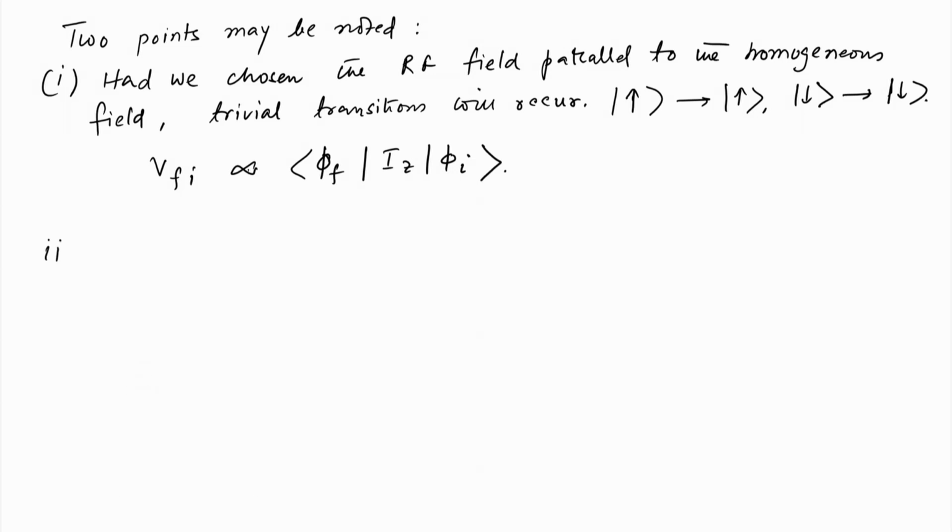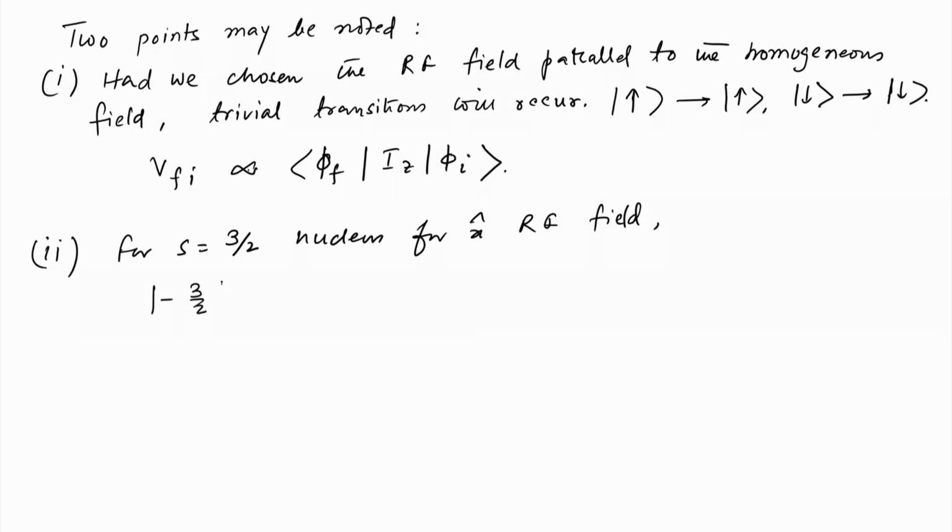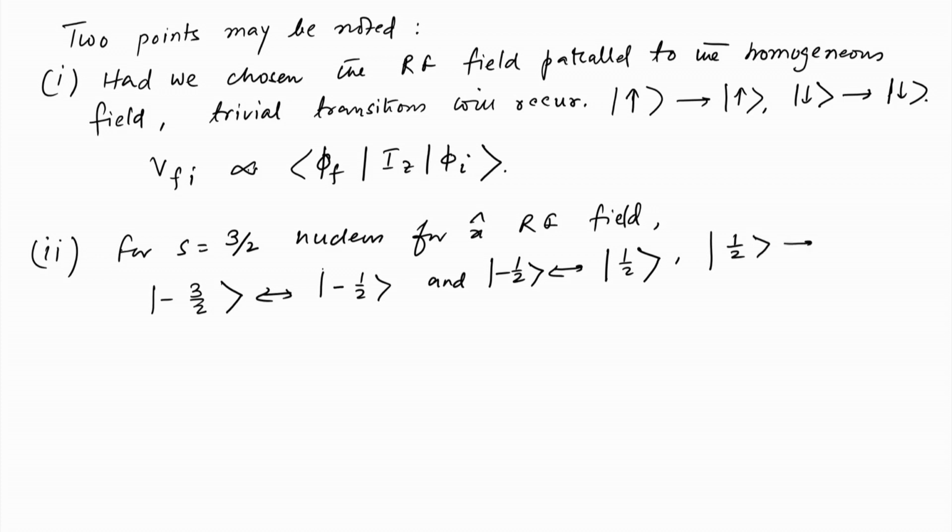Second thing, for a larger nucleus with a larger spin value, say S equal to 3/2 nucleus, for an x direction RF field, the allowed transitions are -3/2 to -1/2, and of course -1/2 to +1/2 and +1/2 to +3/2 and so on.